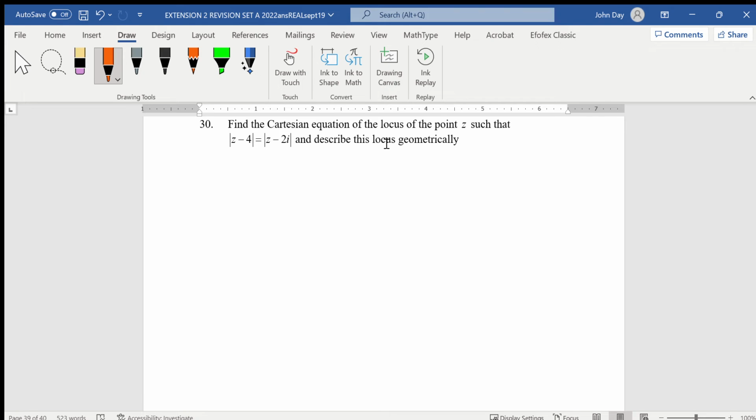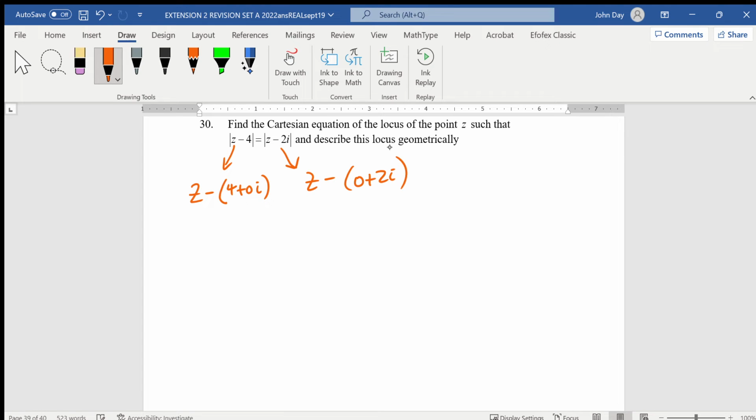Okay, I can describe this locus here geometrically straight away. This actually says z minus 4 plus 0i, and this says z minus 0 plus 2i.